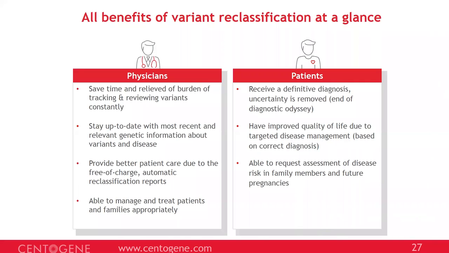At the same time, we look to see if any other previous test or analysis has been performed, if it was a negative or uncertain result, and if we receive medical records like performed biochemical tests or blood tests, we capture and use those as well when we do our variant classification.